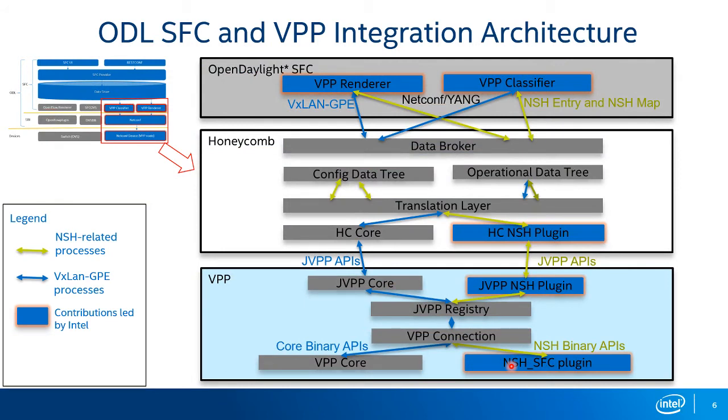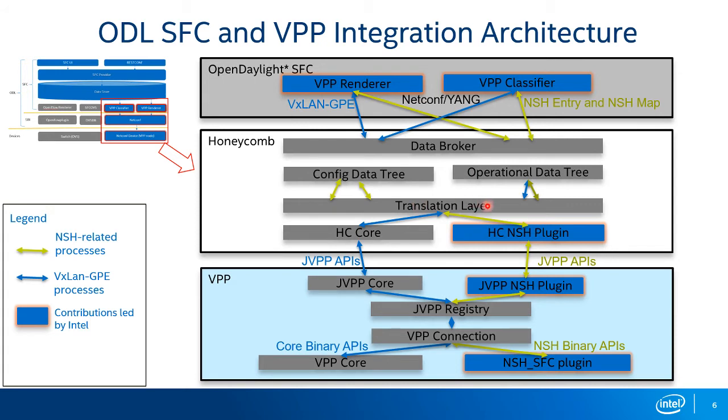This is the OpenDaylight SFC and VPP integration architecture. The VPP renderer and VPP classifier will call Honeycomb NETCONF APIs to create VxLAN-gpe interfaces, NSH entries, and NSH maps. Honeycomb will save this configuration data into the Honeycomb data store.